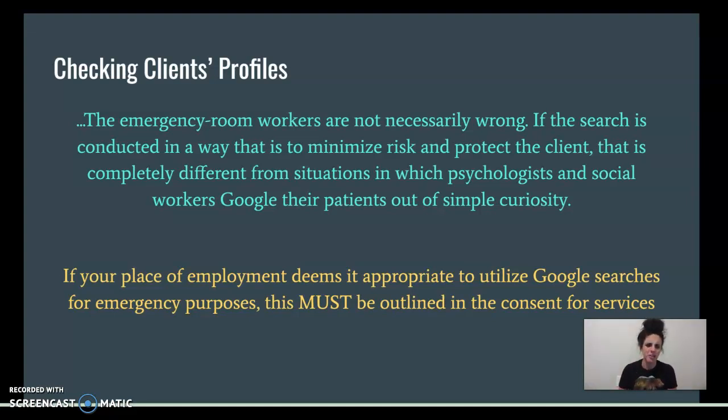That can be a really awkward conversation, because if I went to a therapist and they said, well, someday I might Google search you, I'd be like, ooh, really? That's creepy. However, it's good practice to put it into your informed consent so that you have the ability to do that if you need to.